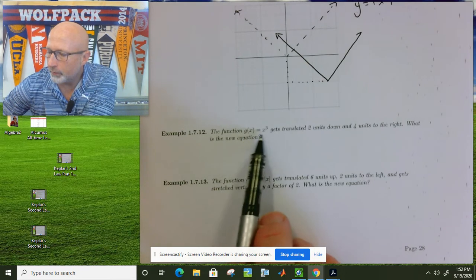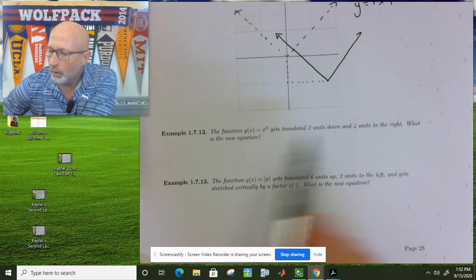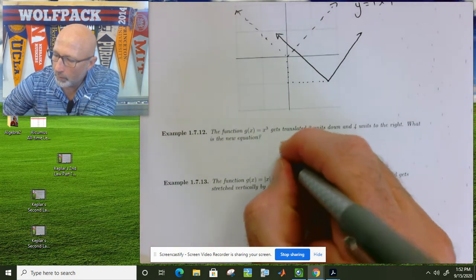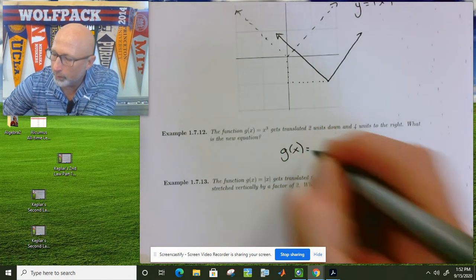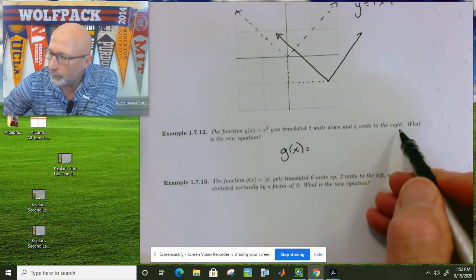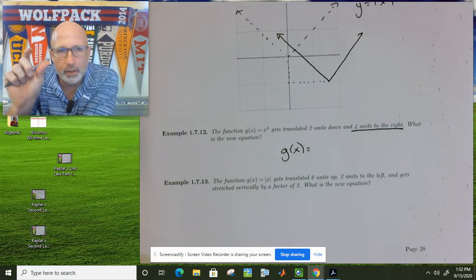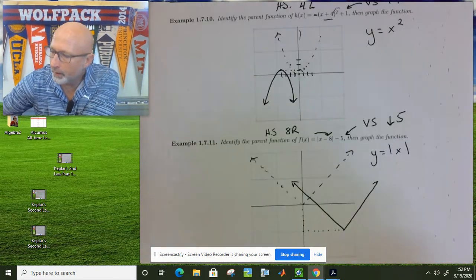Okay, next one. The function g of x equal to x cubed is translated 2 units down and 4 units to the right. What is the new equation? Okay, so we have g of x is equal to... 4 units to the right. The horizontal shift, you remember, does the opposite of what you think it's going to do.